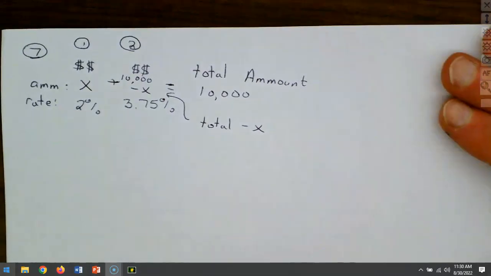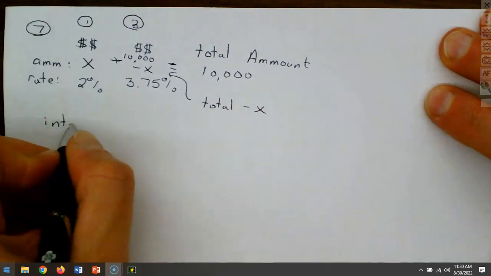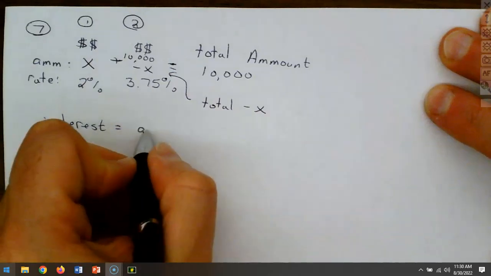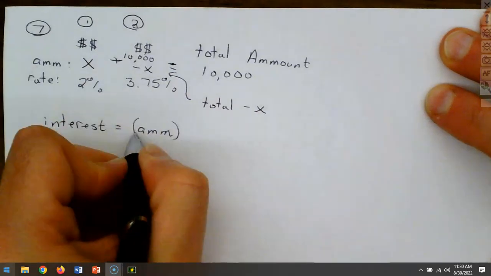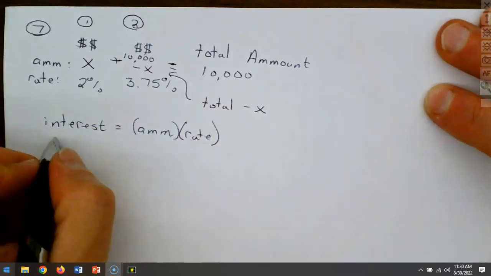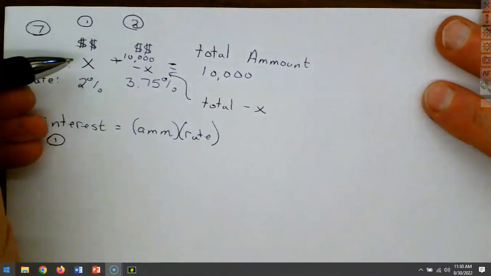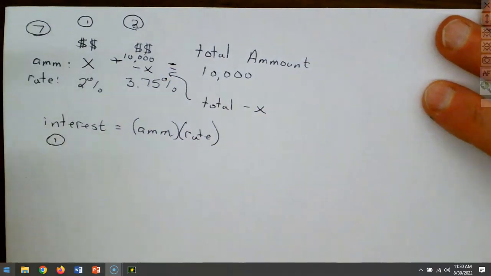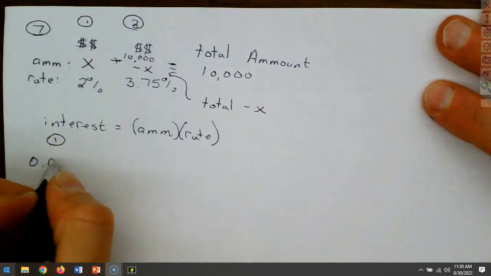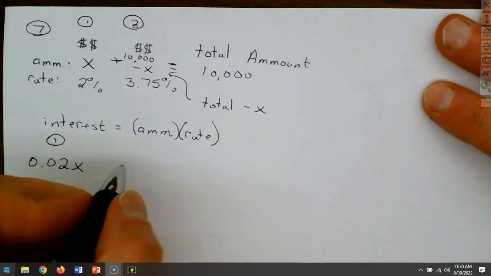Now we look at our interest. And the interest is the amount times the rate again. Multiply these together. Make sure you're very, very careful with these decimals. So 2% is 0.02, and you bring your x down with it.